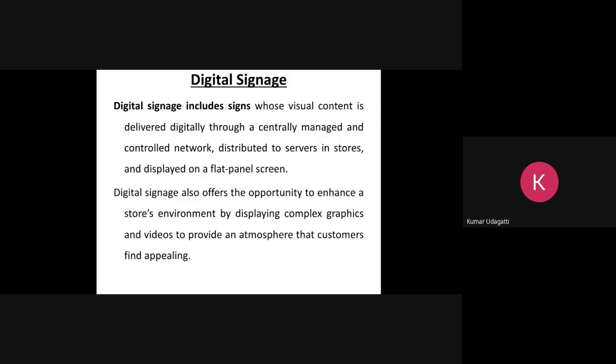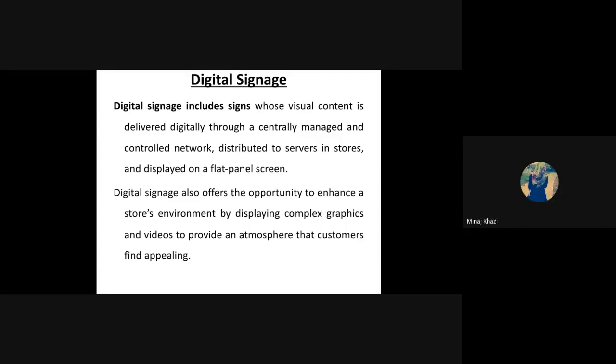These offer certain opportunities which help any retailer create a good store environment, by having displays with complex graphics that attract the customer's attention. Also, videos which are pre-shot can be run on those flat panel screens.